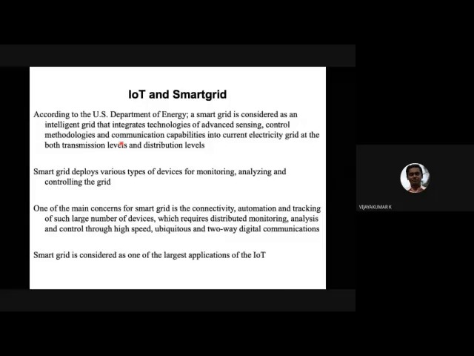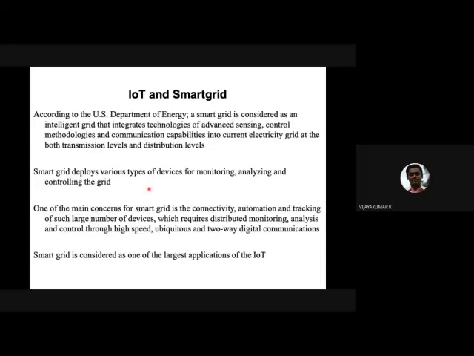But when we come to the field, we have to face a lot of difficulties and challenges. We'll discuss these challenges in the last slide. And here, once you make the grid smarter, monitoring, analysis, and control are very easy.